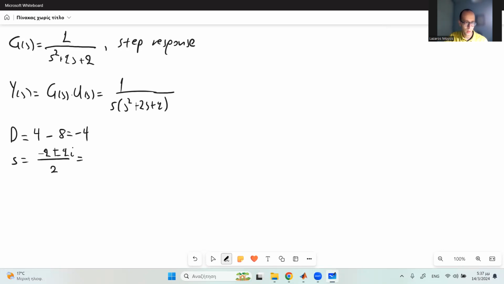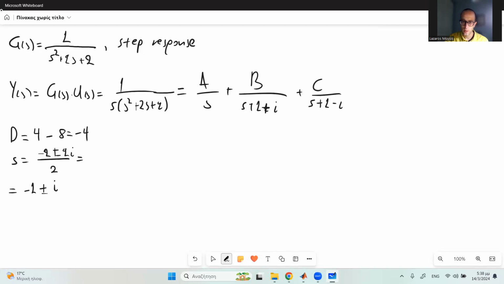So the roots are minus 1 plus minus i. So this will get broken down into 3 fractions. So alpha over s, beta over s plus 1 plus i, and gamma over s plus 1 minus i. And now our job is to find the 3 coefficients.